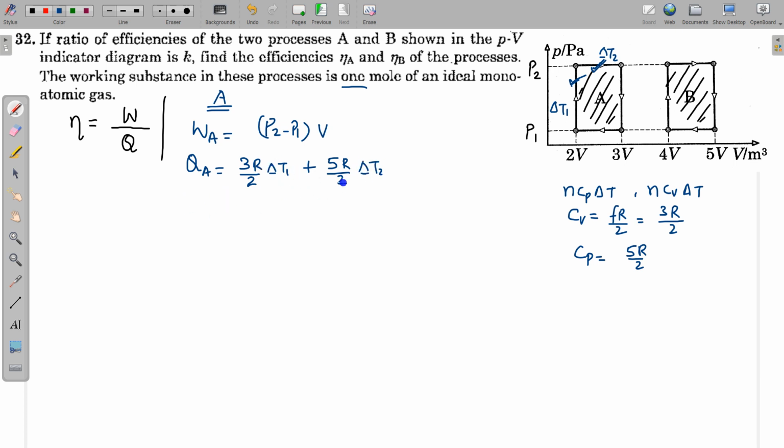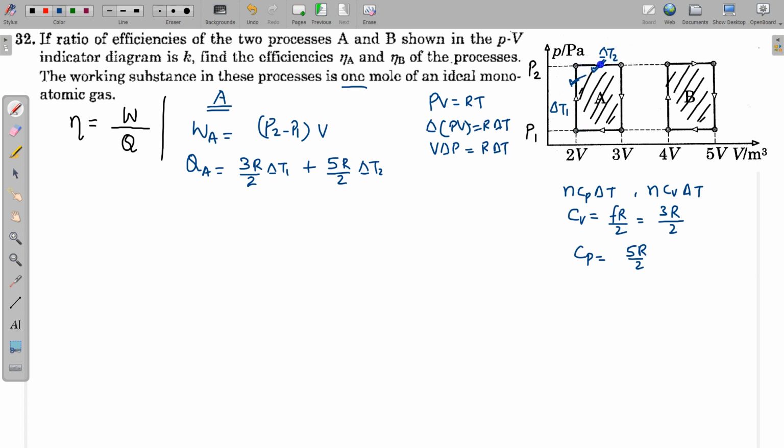We can write R delta T1 and R delta T2 in terms of pressure and volume. From the ideal gas equation PV is equal to RT, and if we take differentials, delta (PV) is equal to R delta T. In this process, volume is constant, so this is V delta P. So V delta P is equal to R delta T in this process.